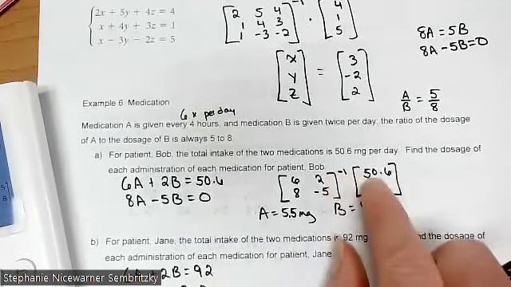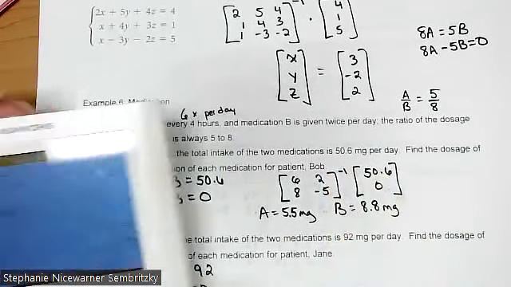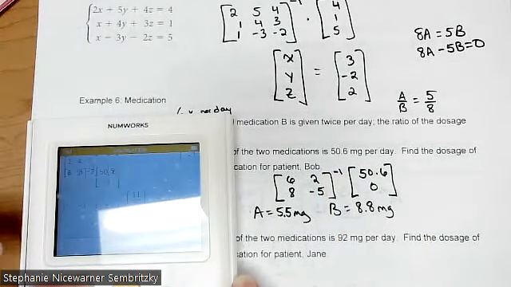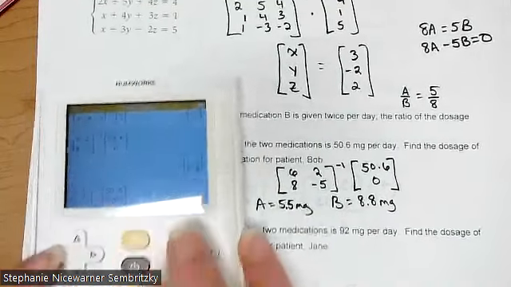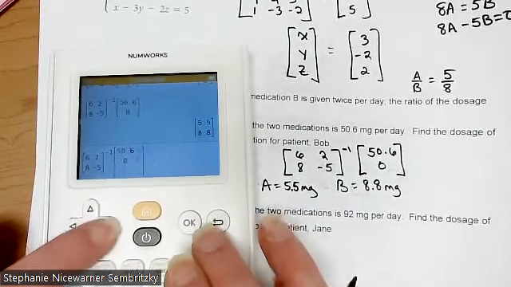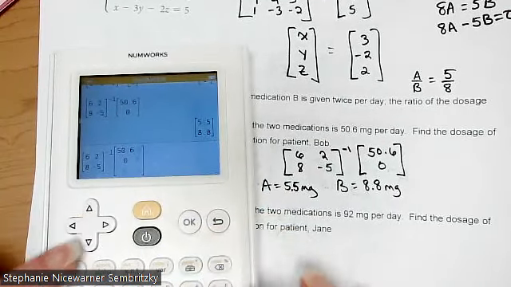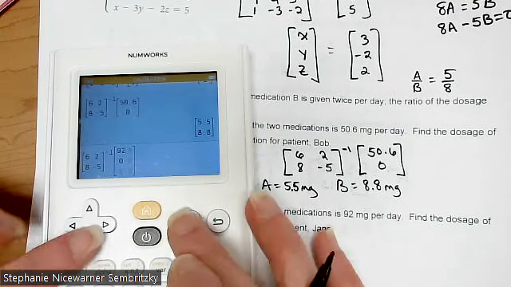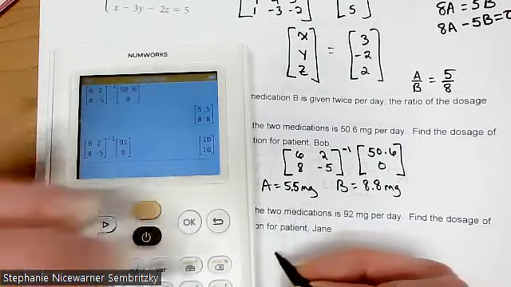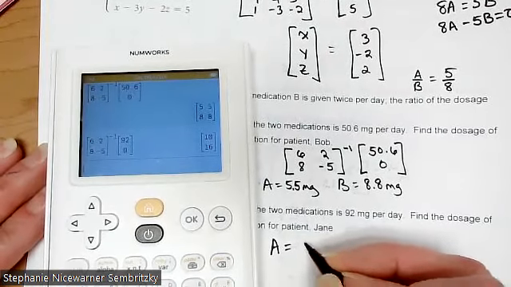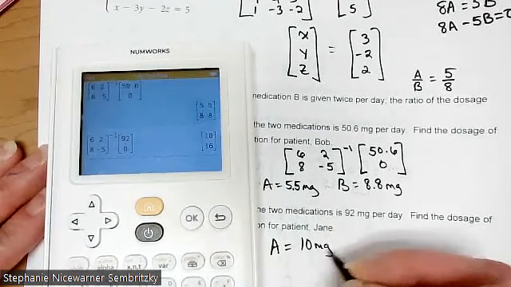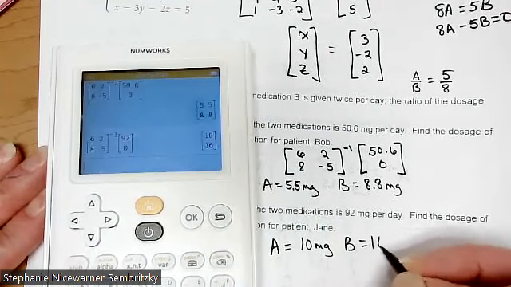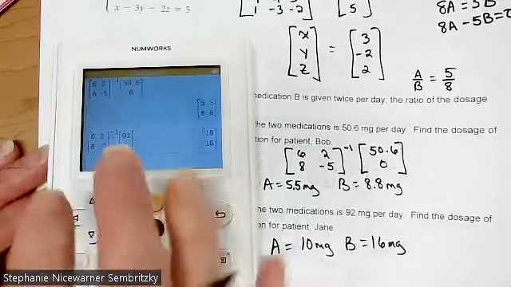So I'm going to copy that and change that 50.6 to a 92. So A for Jane is going to be 10 milligrams and B is going to be 60 milligrams.